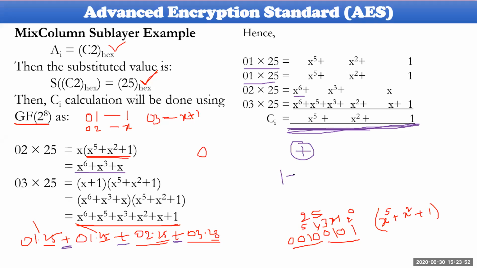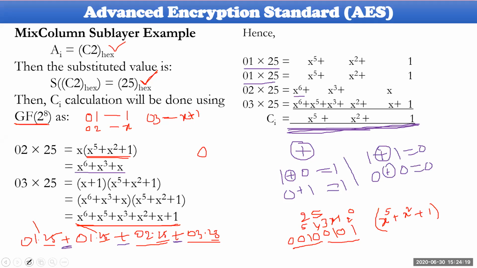So 1 exclusive OR of 0 will be equal to 1 here. Okay, 0 exclusive OR of 1 will be equal to 1 here. And conversely, 1 exclusive OR of 1 will be equal to 0. So 0 exclusive OR of 0 will be equal to again 0.